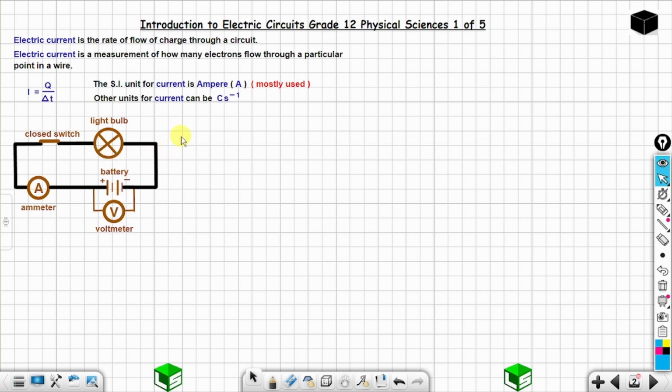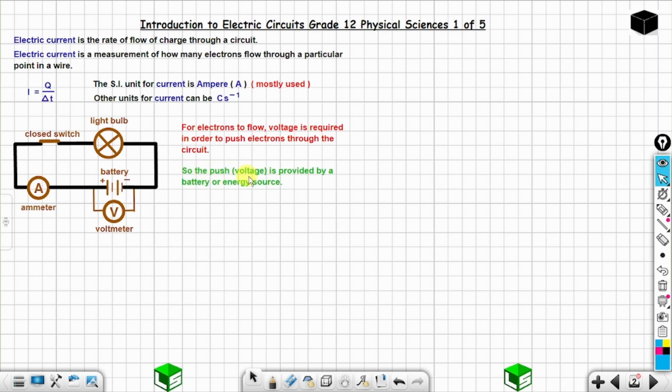For electrons to flow, voltage is required in order to push electrons through the circuit. So the push is the voltage.